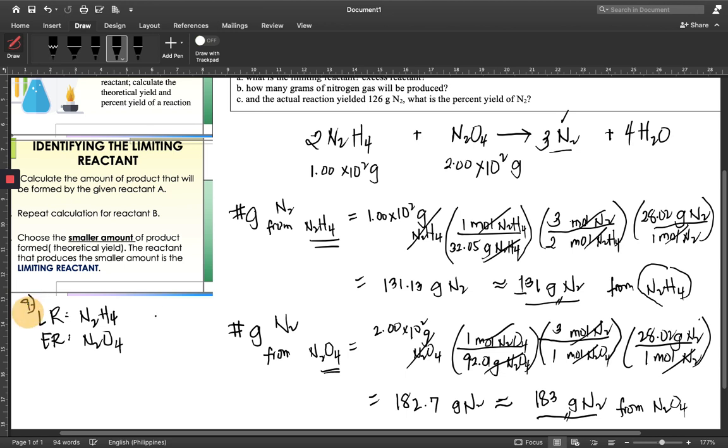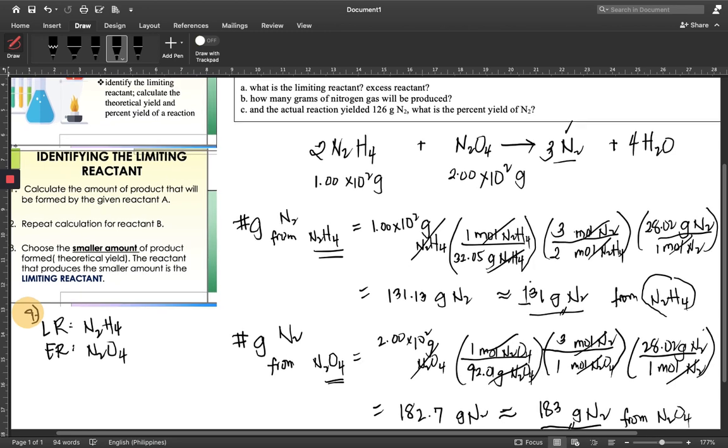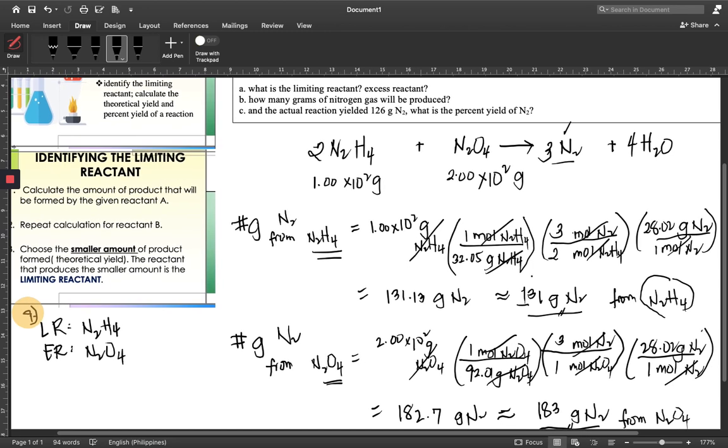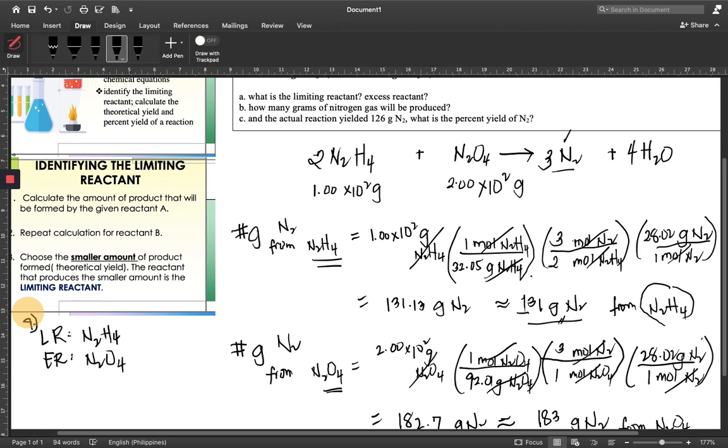So again, the limiting reactant is the one that gave us the smaller amount of product. That means it is used up earlier in the reaction than the other one. And in terms of how many grams of nitrogen will be produced, this question practically asks for our theoretical yield. So how many grams are we expecting to be produced for nitrogen?